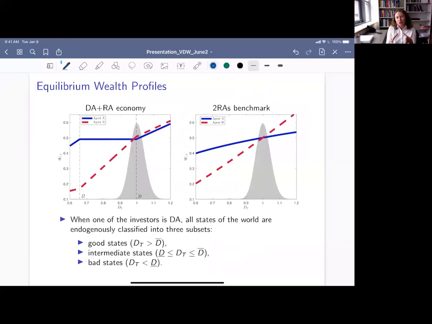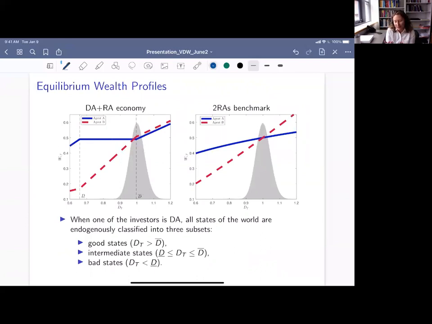But if you look at the distribution at the same time, these are much more likely states to occur, right? So if you think about it in expectation, and the mass of these states, and compare it to, indeed, you see that for example, in the intermediate, the blue line is much higher than the red one, but these are very, very unlikely states, right?